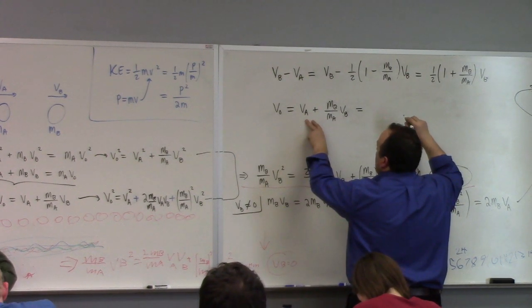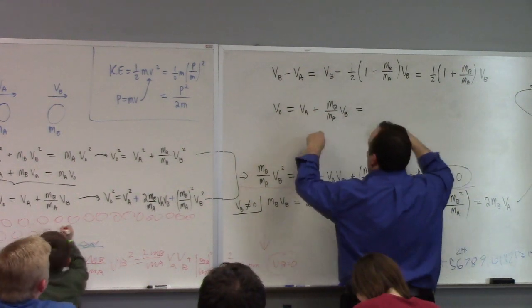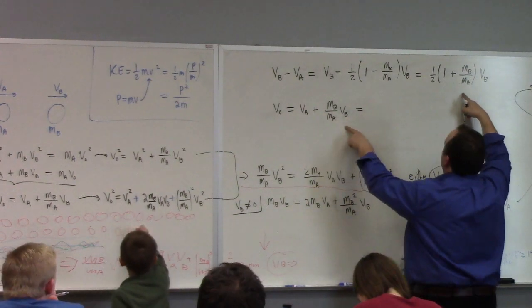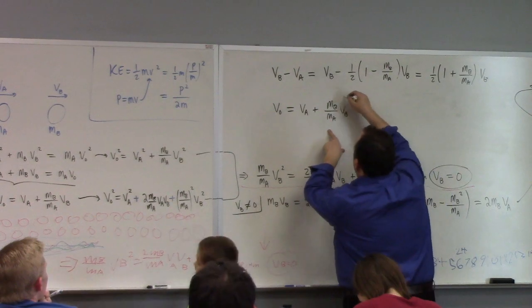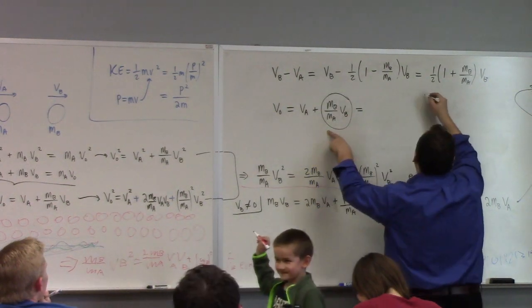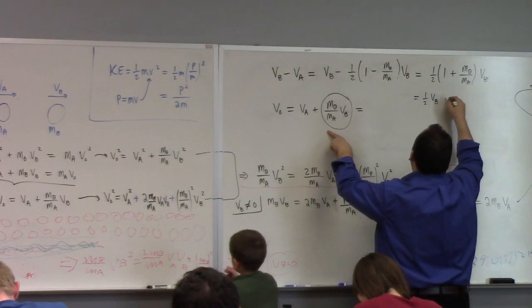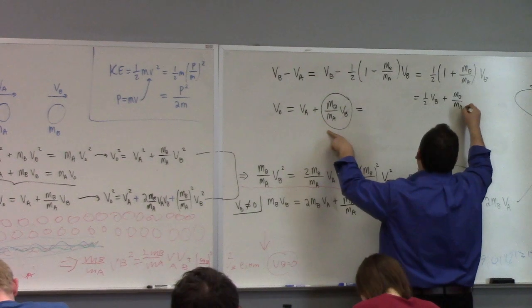Let's see here. Can you guys figure out how to, I want to change this to V naught. Can you see it? So I can trade this. I've got 1/2 VB plus, sorry, it's not popping out at me.